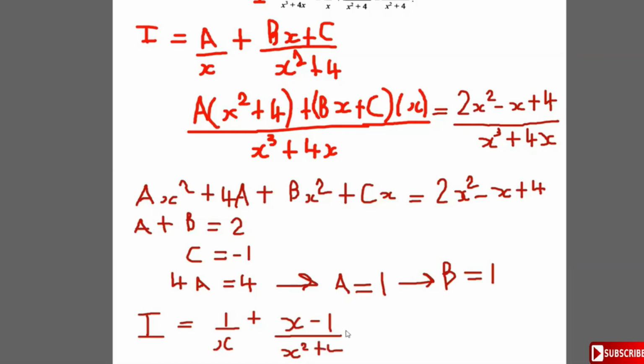But you can go further now and rewrite this as 1 over x, and you can separate the numerator into 2 separate fractions: plus x over x squared plus 4, and then minus 1 over x squared plus 4.